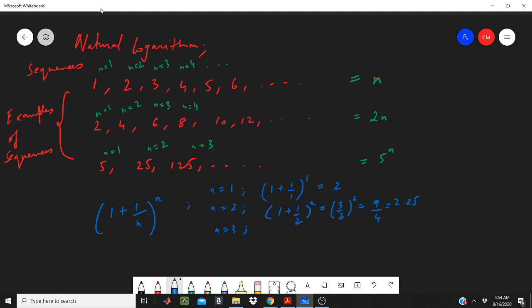N equals 3, you get (1 + 1/3) to the power of 3, that's (4/3) cubed, that's 64/27, and that's equal to 2.370.